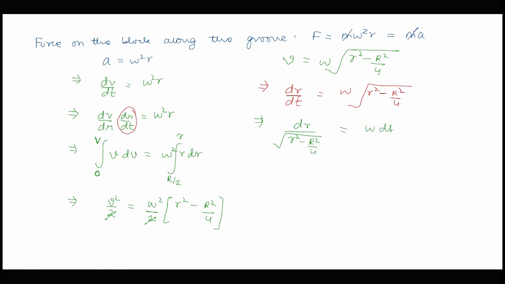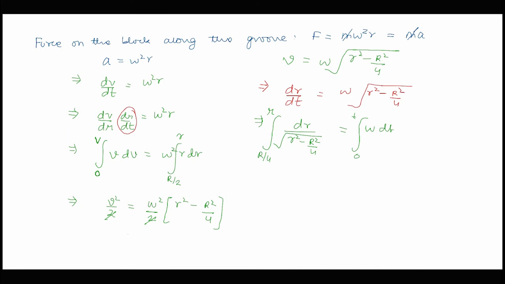So if we integrate both sides, the expression is going from r by 4 to r. At a certain position small r we are taking, and it is taking time from 0 to t.